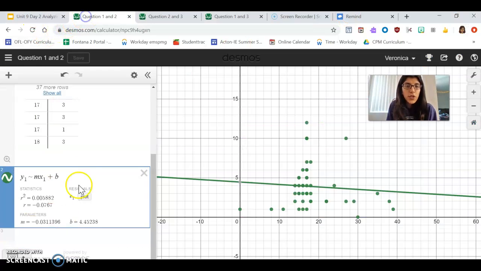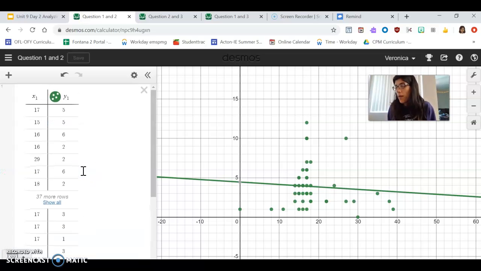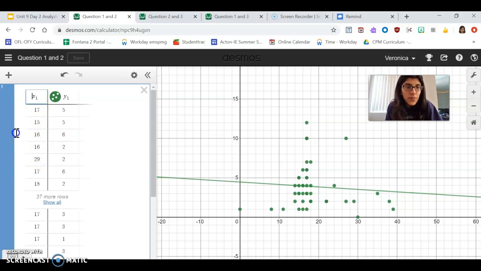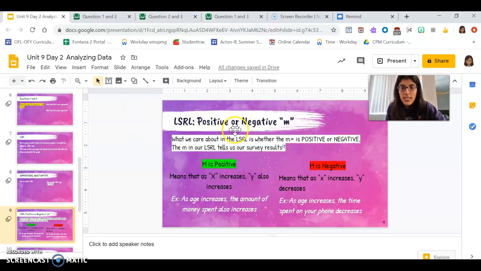If you look at your first graph, what you have to remember is what you set x and y to equal. X was question 1, which was how old are you? And y was how many hours do you spend on your phone a day? What the LSRL does is, if m is positive, that means as x increases, y also increases.